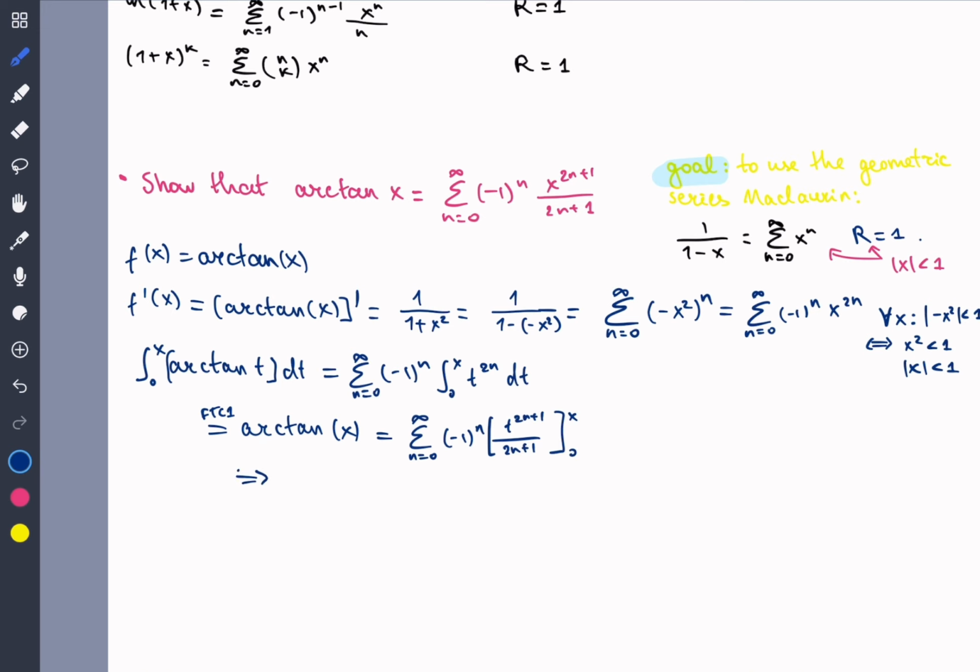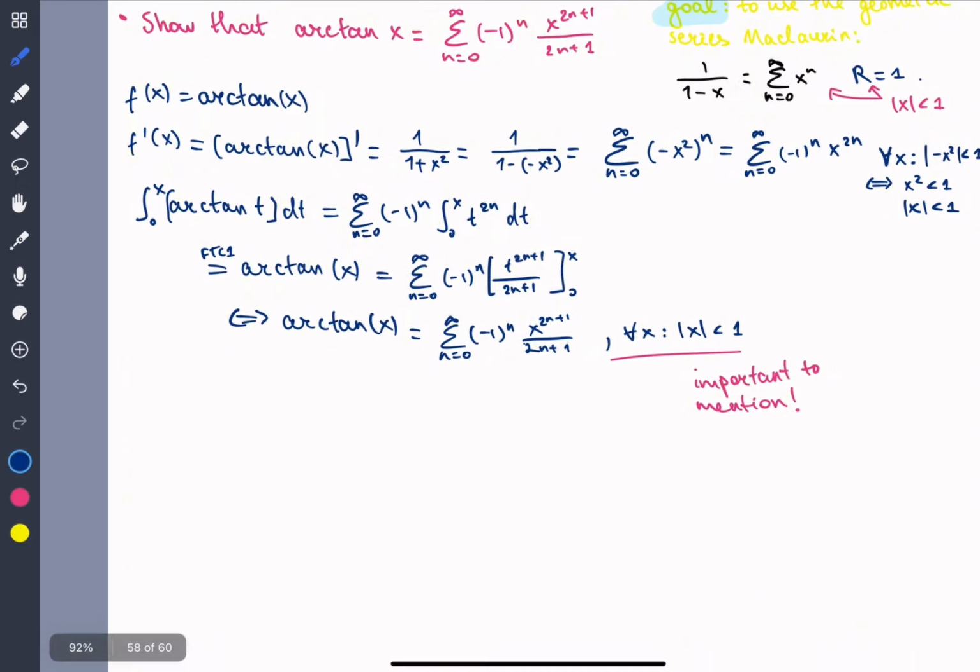And this is equivalent to arctangent x, which is equal to the sum from 0 to infinity of minus 1 to the power of n times x to the power of 2n plus 1 over 2n plus 1. Of course, we don't forget to write for which x. Here it's for all x in the absolute value less than 1.